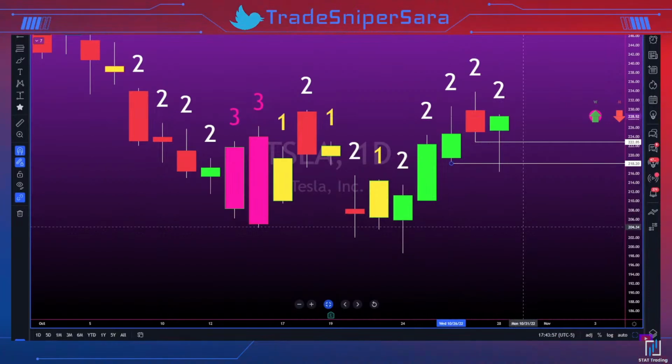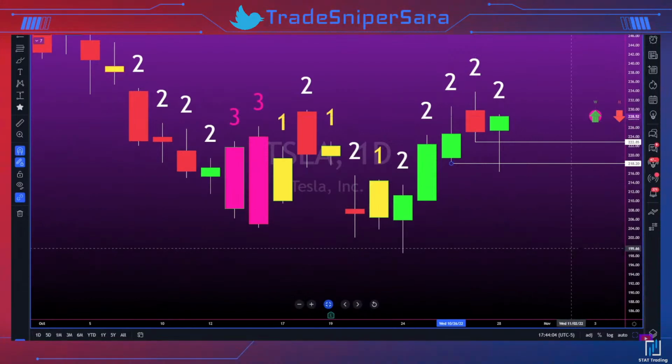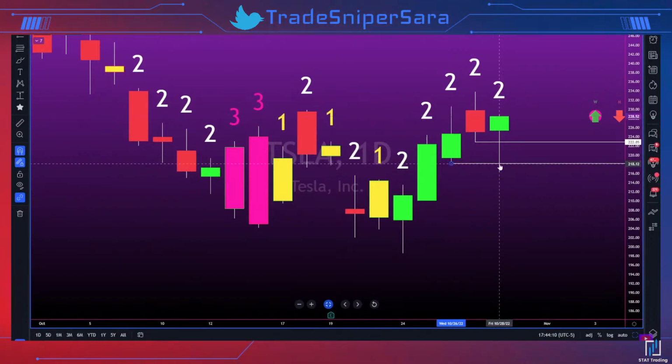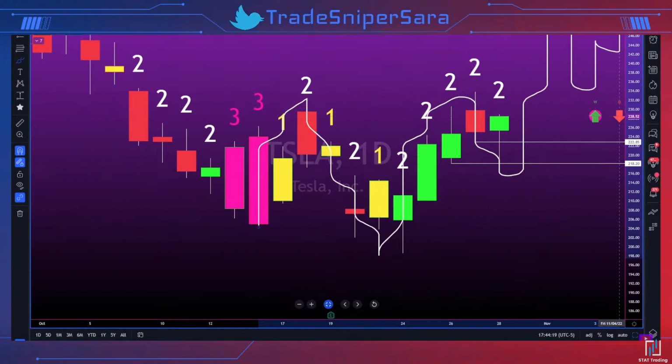So Tesla is a good example of this. Price probably is not going to come back down and make a lower low, because if it was, this 2 up, 2 down would have finished as a weak red 2 down. So Tesla looks like it wants to go broadening formation expansion, so up and out.